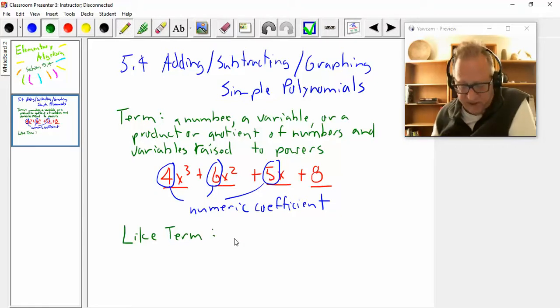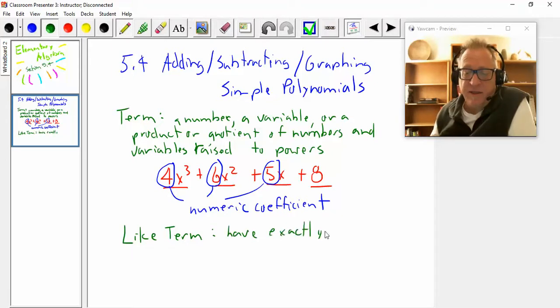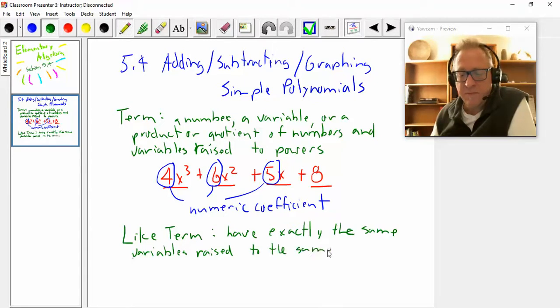Well, let's see, like terms have exactly the same variables raised to the same powers.